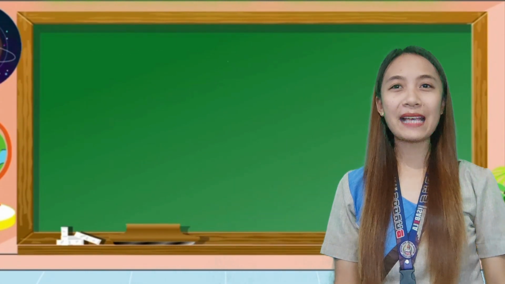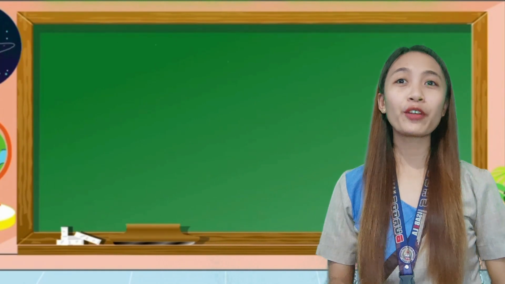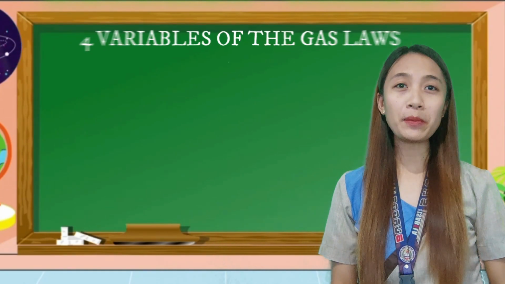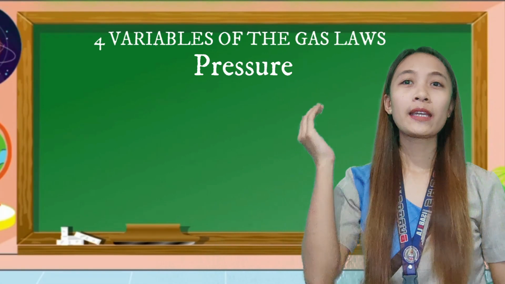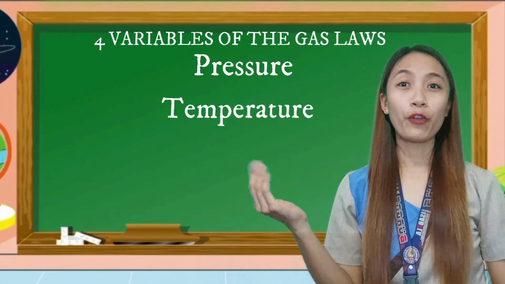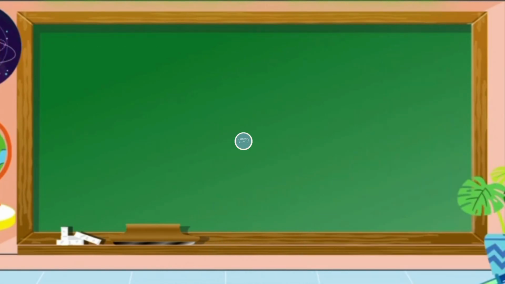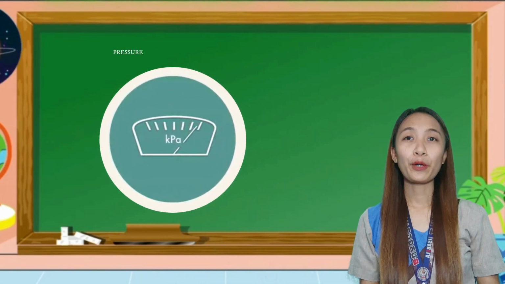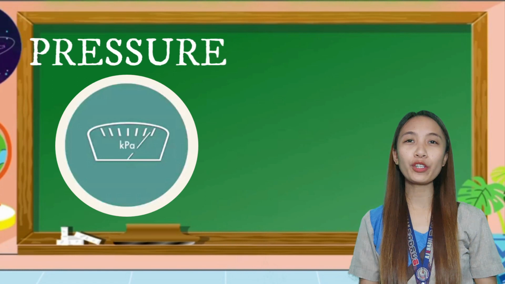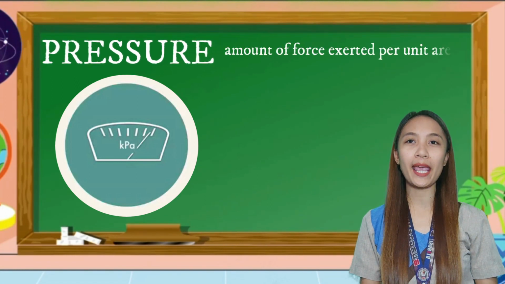When we talk about gas laws, we need to consider four variables, namely pressure, temperature, volume, and amount, which is expressed in moles. Pressure is described as the amount of force exerted per unit area.